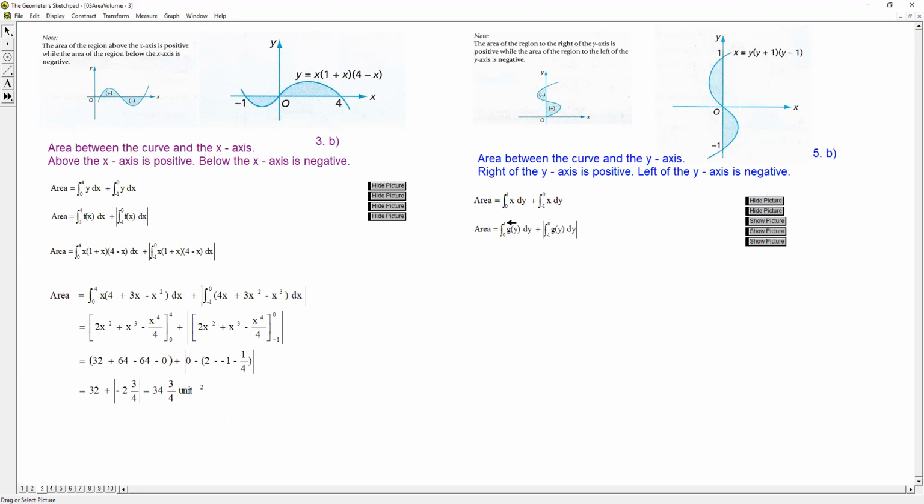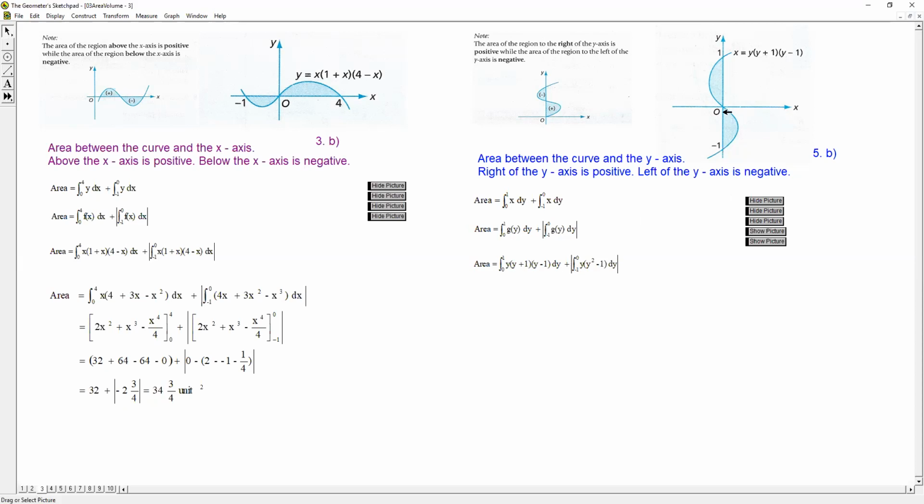Sorry, it's the wrong way round. The modulus sign should be on this side.